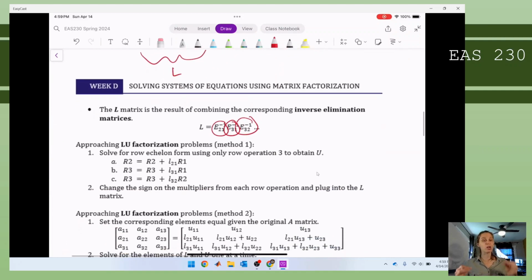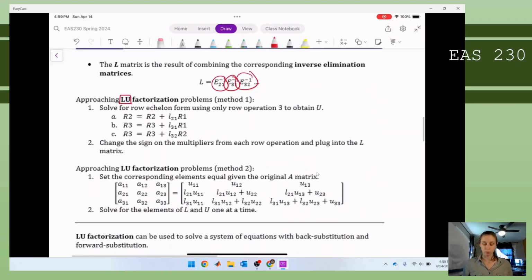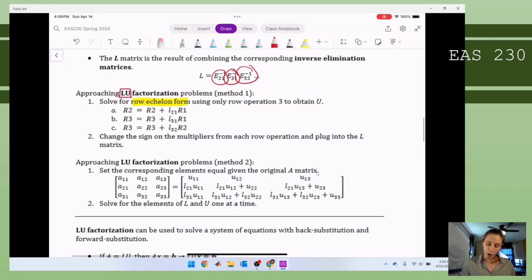So if I want to find L times U for a given A matrix, here's what I'm going to do. Solve for row echelon form. Find REF by using only row operation 3. Only elimination. Here are my 3 row operations. Do not change these. It's always these row operations.